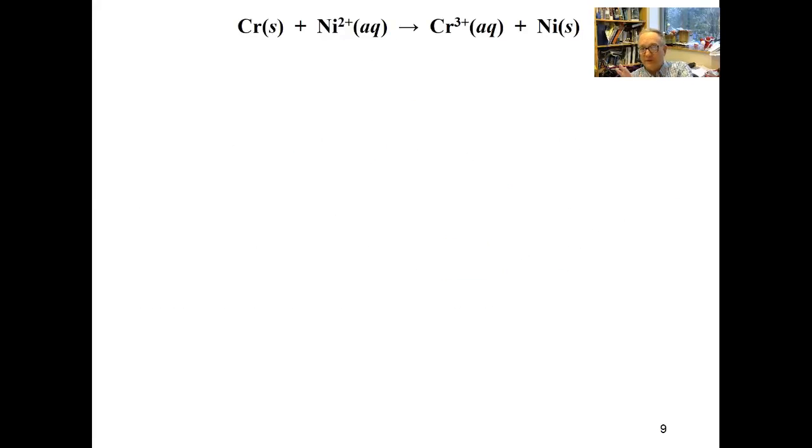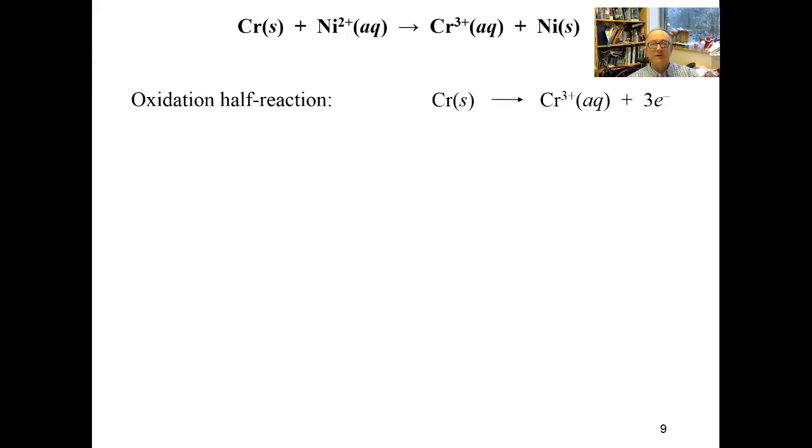So there's our starting equation. There's our oxidation half reaction that I just carried over from the other slide. We're going to multiply that one by 2. So now we've got 2 chromium solid makes 2 chromium 3+ plus 2 times 3, which is 6 electrons.